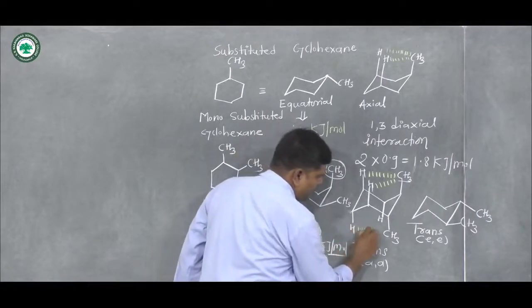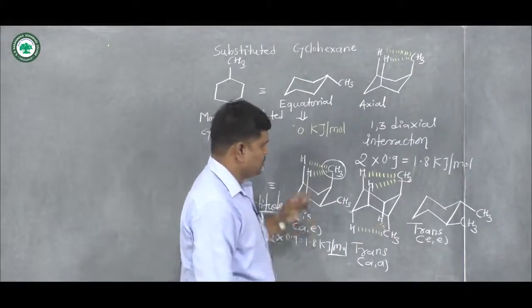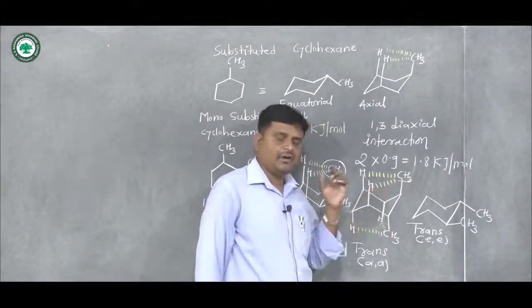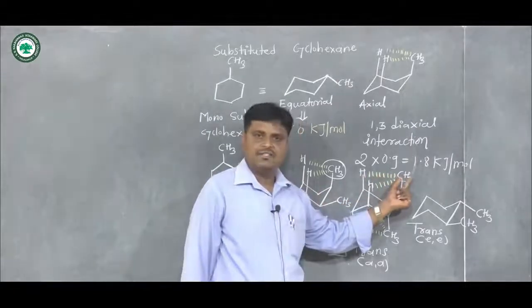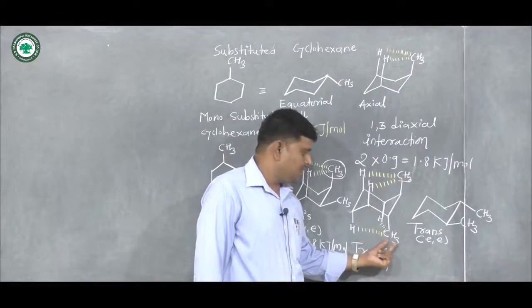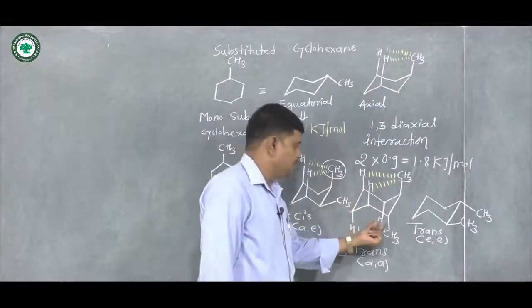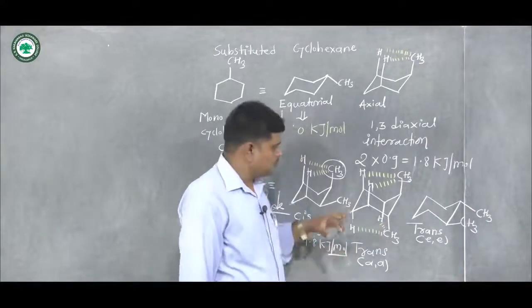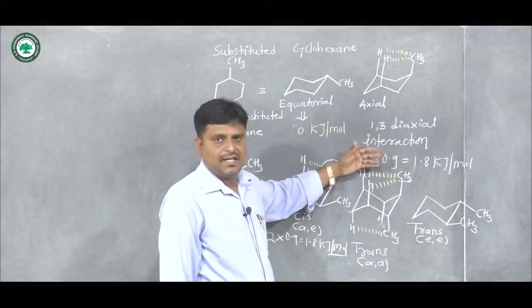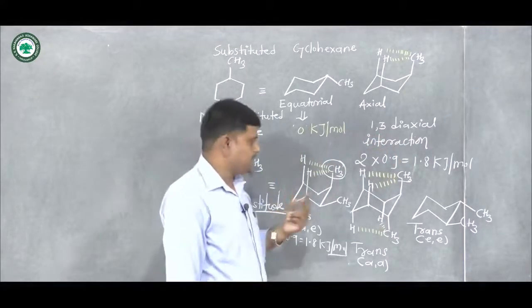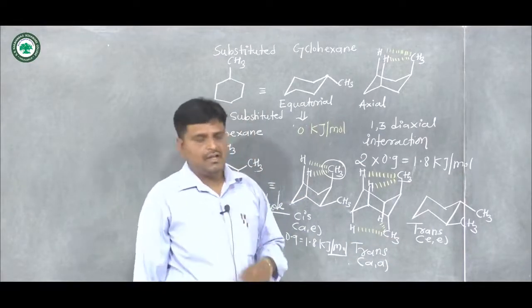Okay, you see here, and you simply understand this point. Here these two protons interact with this axial methyl, and here the alpha methyl also interacts with the third proton. Okay, so at the upper side or beta side we have two 1,3 diaxial interactions, and at the alpha side there are also two other interactions.